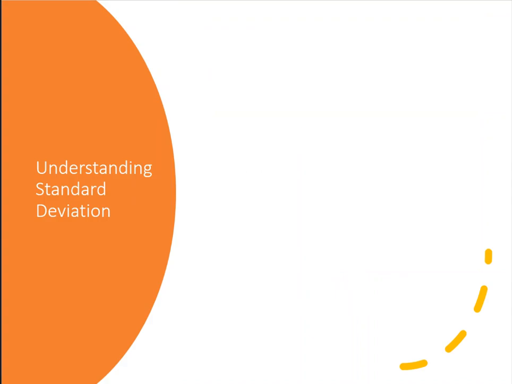So now let's illustrate what we really mean when we're talking about standard deviation. I'm going to put up here a scatter plot and make it a little bigger, and I'm going to put up here dots. Each of these dots is just representing some data for whatever I might be thinking about.